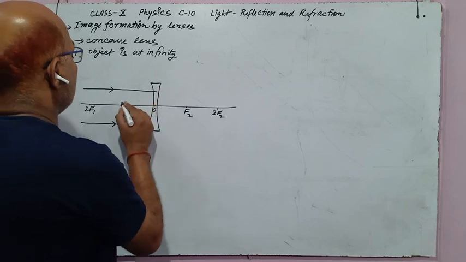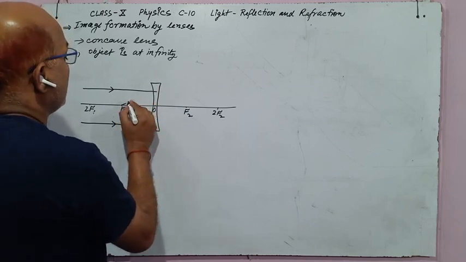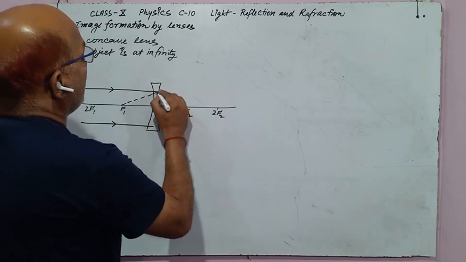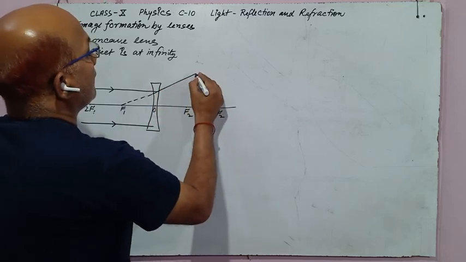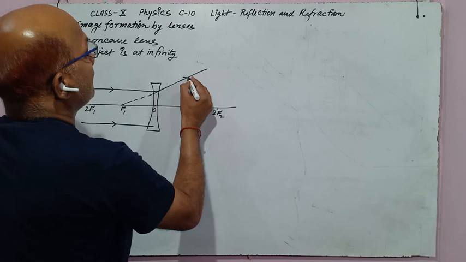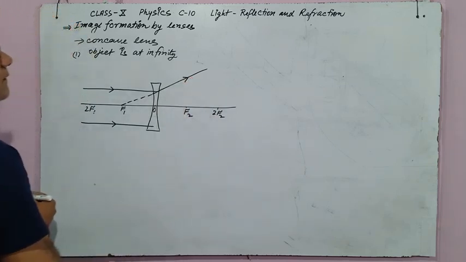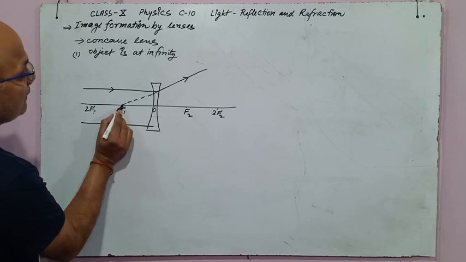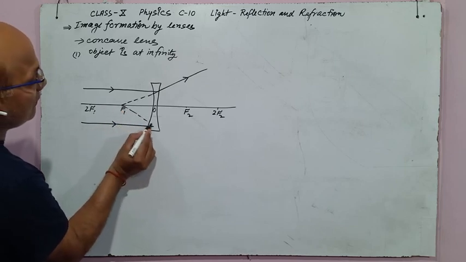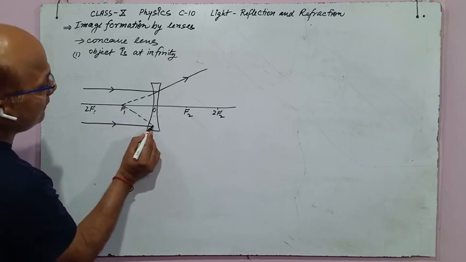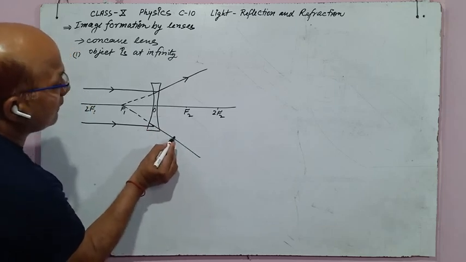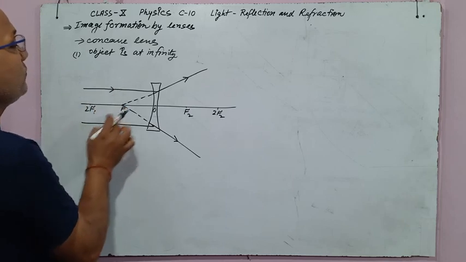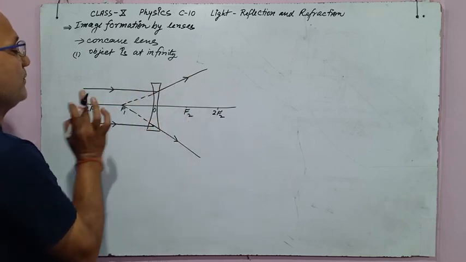So according to rule, it will diverge from the focus, and the same rule we will follow for this ray also. So after passing through the lens, these two rays diverge from the focus.